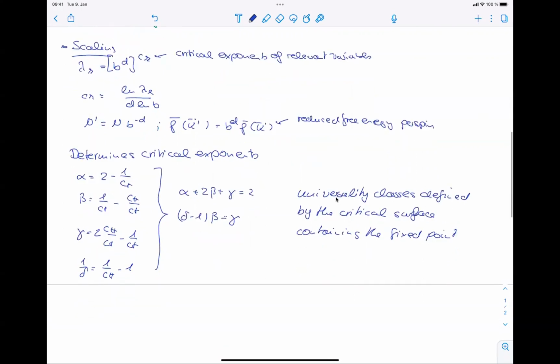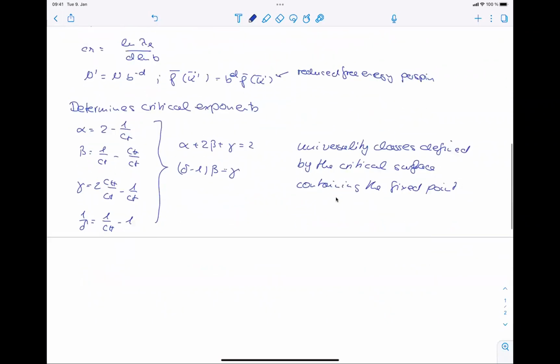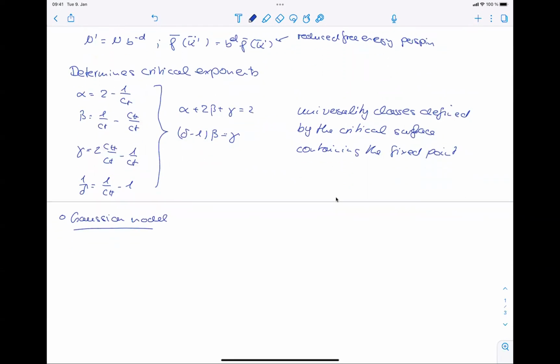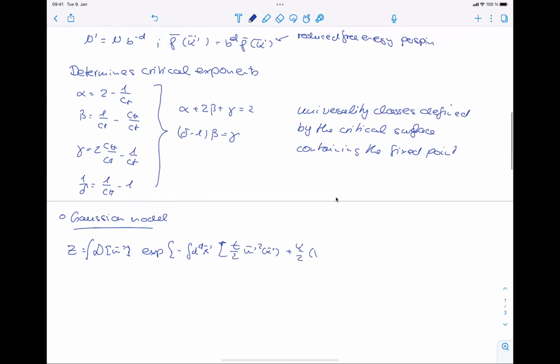And then to apply this framework, we also looked at the Gaussian model, which is defined as an integral over d^d x, it's just Landau-Ginzburg up to fourth order, and here's the fourth order in the field.